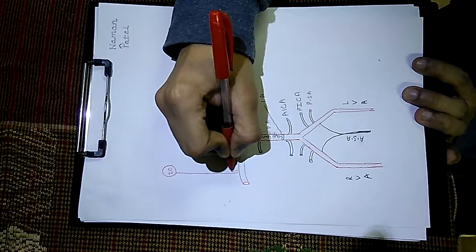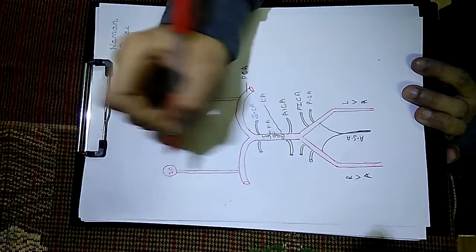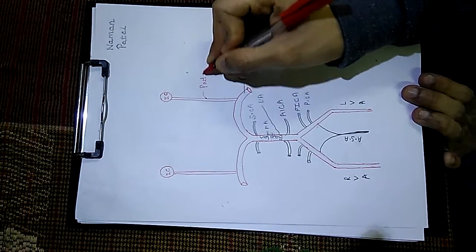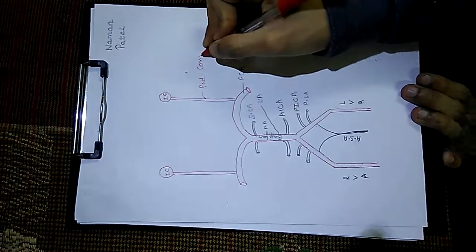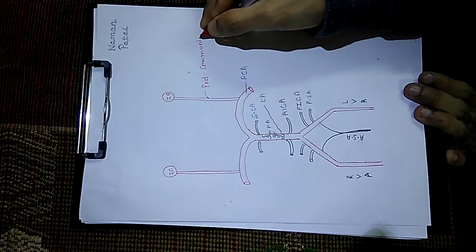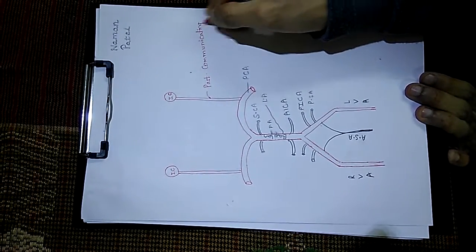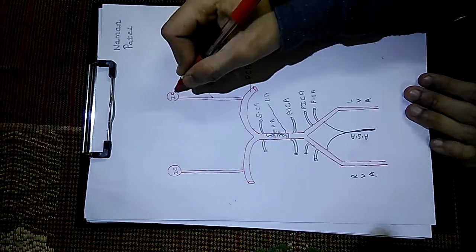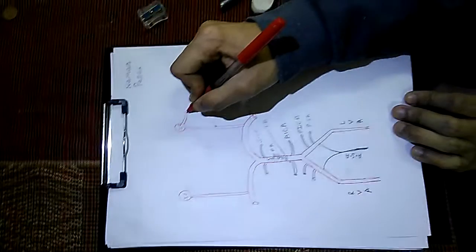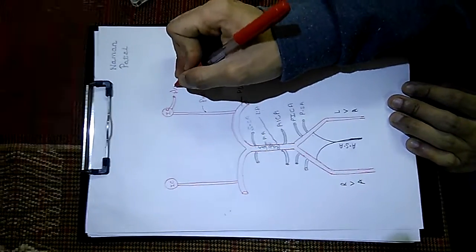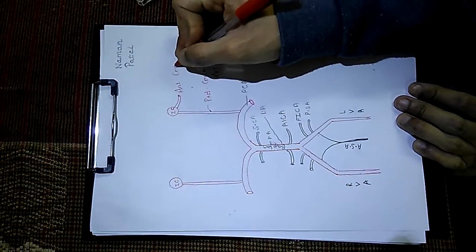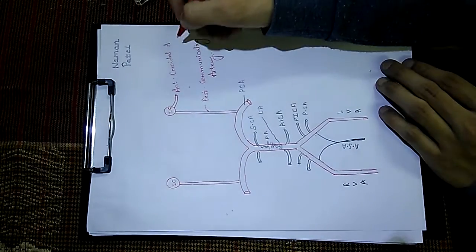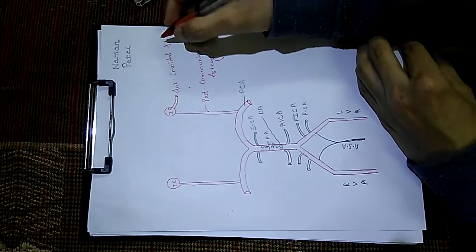Let me just draw it. This is the posterior communicating artery, right? And this one will be the anterior choroidal artery, which is going to supply blood to the choroid plexus.